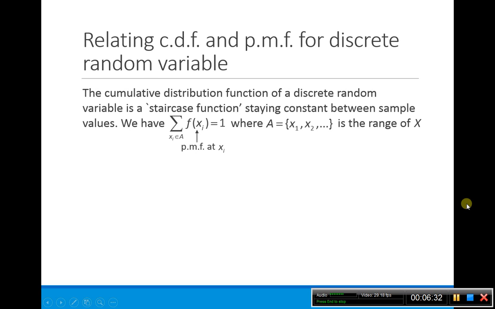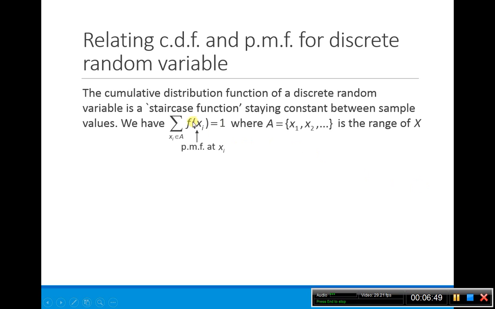Okay, so relating the c.d.f and our p.m.f for a discrete random variable. Remember the c.d.f, what was the c.d.f? It's the probability that our random variable, capital X, is less than or equal to some value, little x.